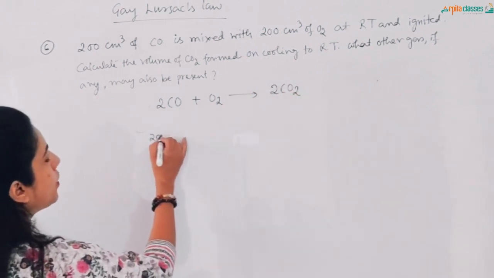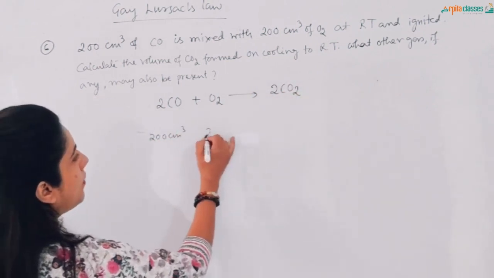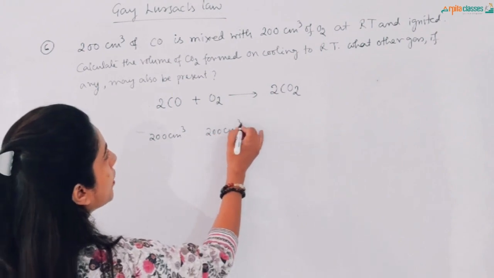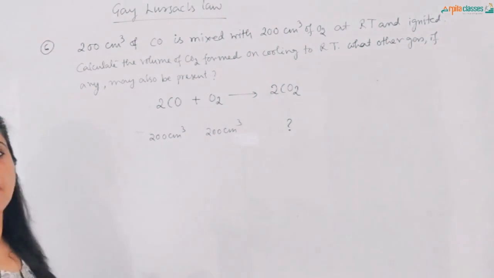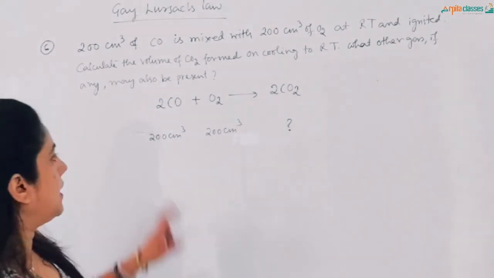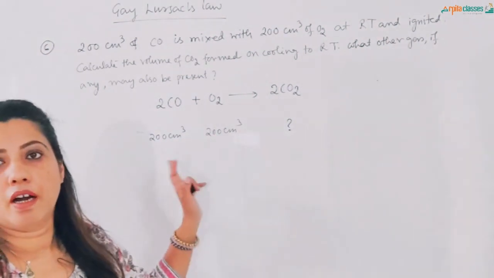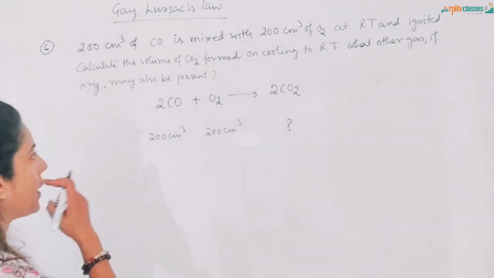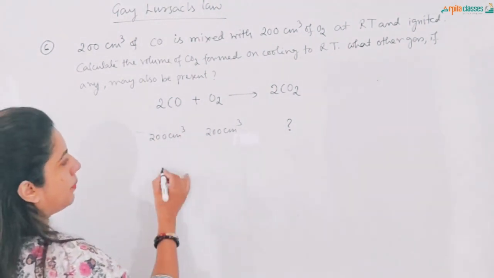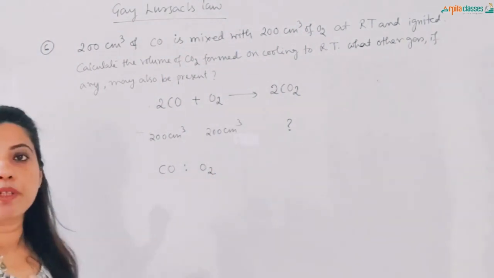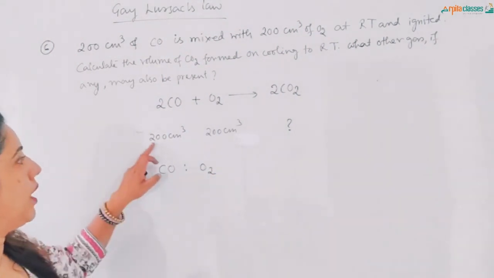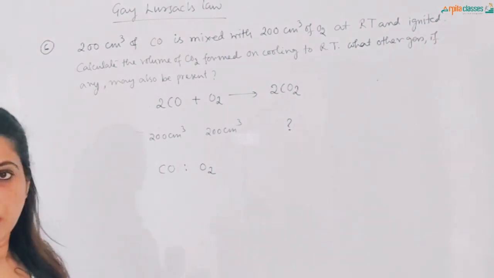So here carbon monoxide is given as 200 centimeter cube, and oxygen is also given as 200 centimeter cube. They are asking to calculate the volume of carbon dioxide formed and if there is any other gas present, that is, if any unreacted reactants are present here. Okay, so let us first take CO is to oxygen. Let us find out how much oxygen will be required to burn 200 centimeter cube of carbon monoxide.